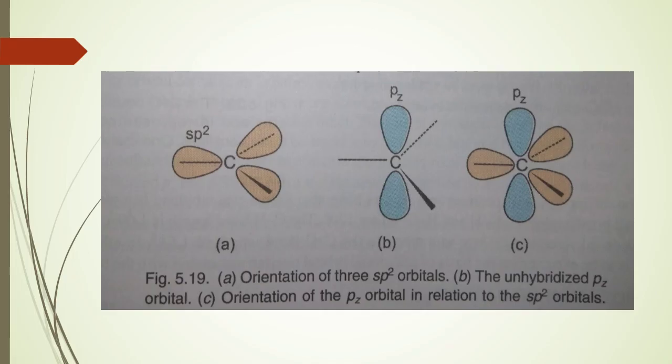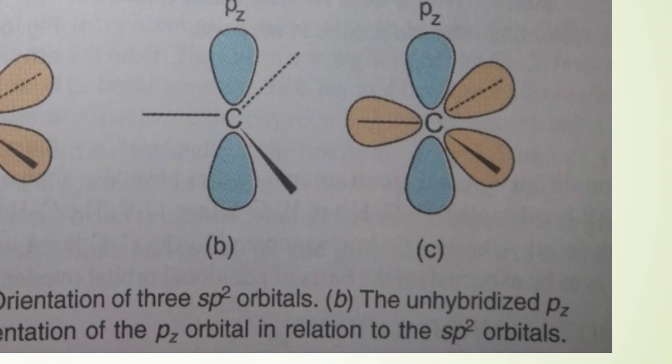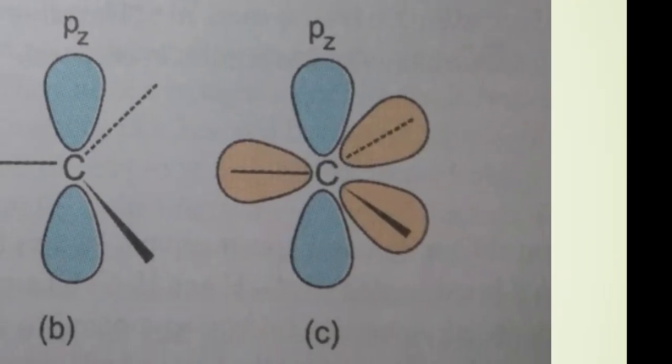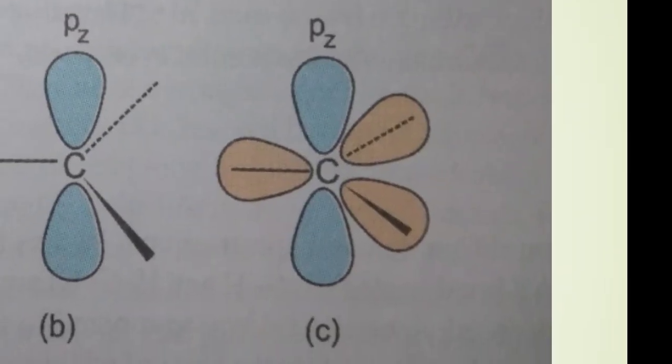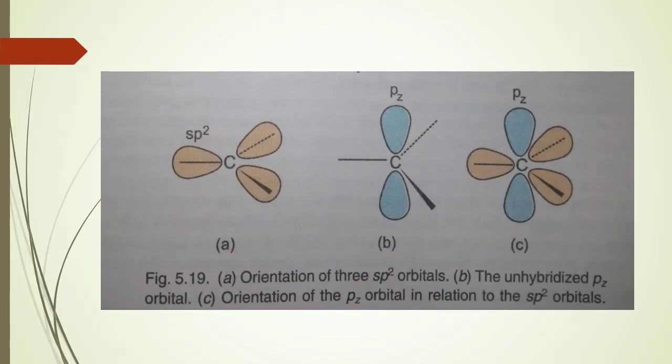When these two orbitals are considered together, the orientation of the sp2 and pz orbitals is like this. The figure explains the structure of the carbon atom in the presence of pz and sp2 hybrid orbitals. These are the orientations of the hybrid orbitals.